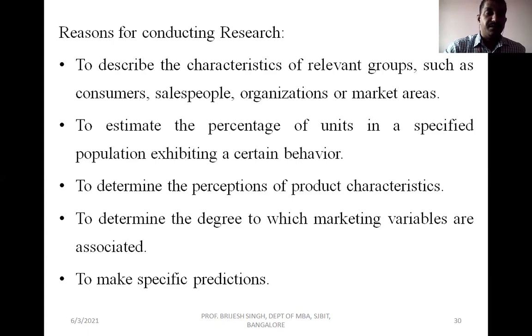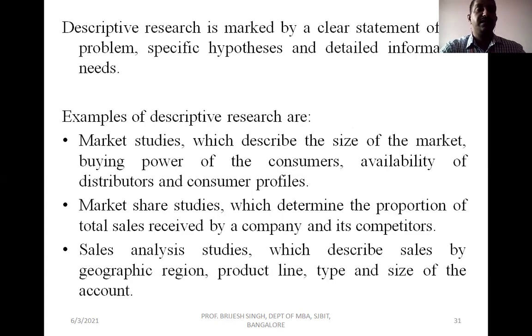And quite obviously you have to be very specific. Predictions need to be done in descriptive research, and it always comes with a clear statement of the problem, is very specific with reference to the hypothesis, and detailed information will be provided here.